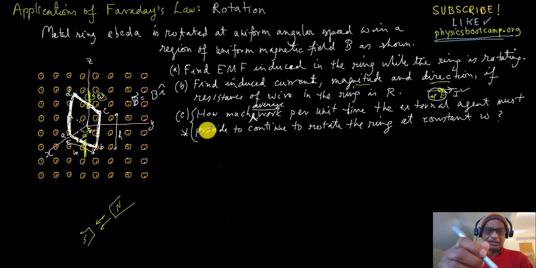Another related question is that this ring will actually warm up, so we can ask what the rate is at which the ring is warming up. That's another extension of this problem you may want to think about.